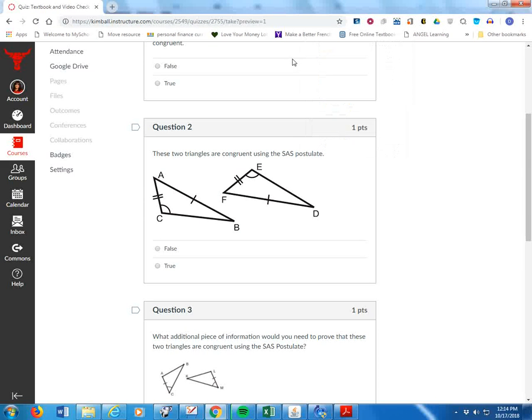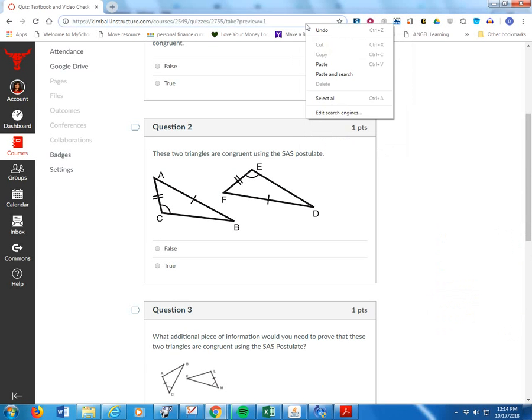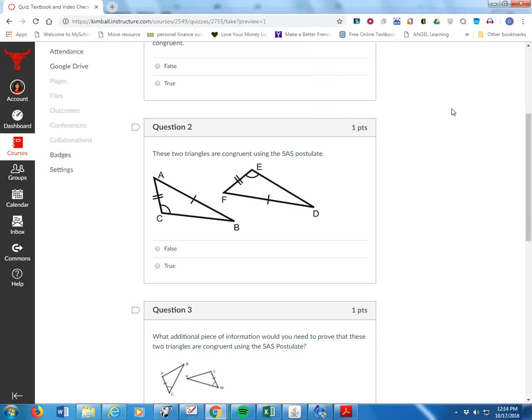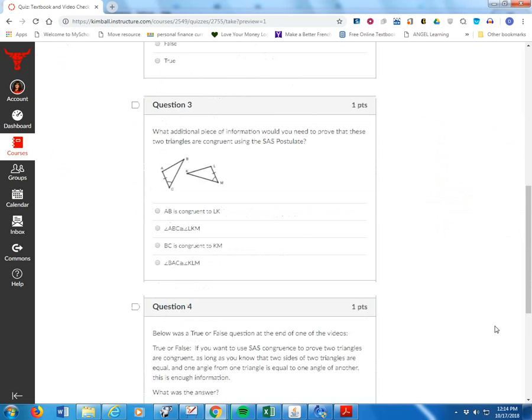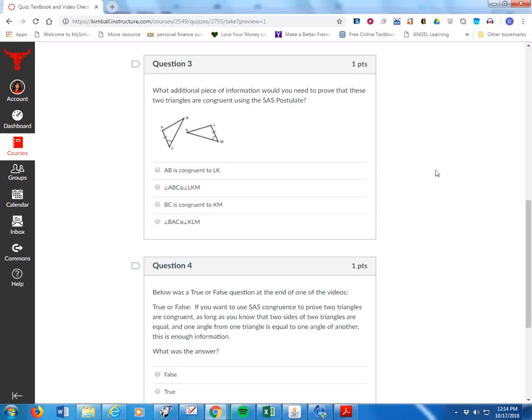What additional piece of information would you need to prove these two triangles are congruent using side angle side?